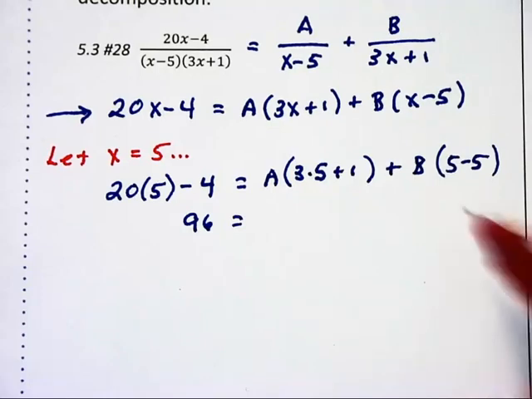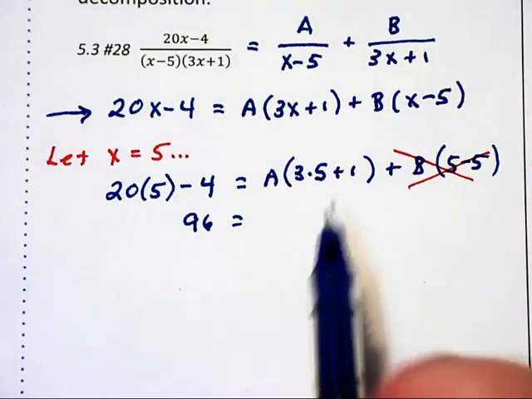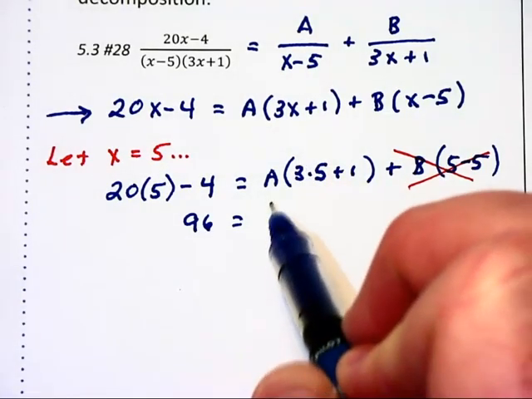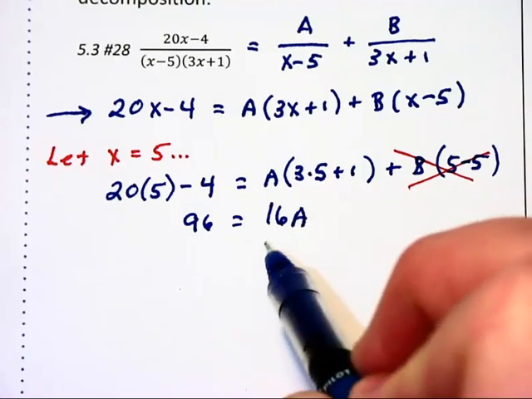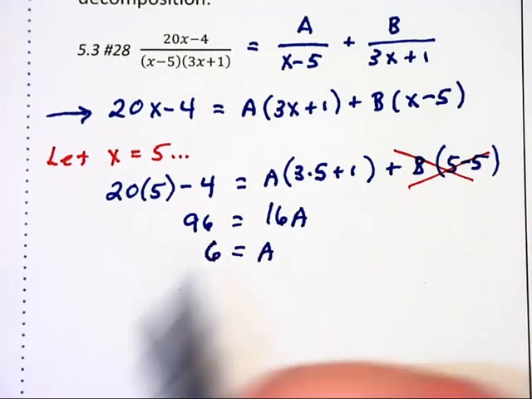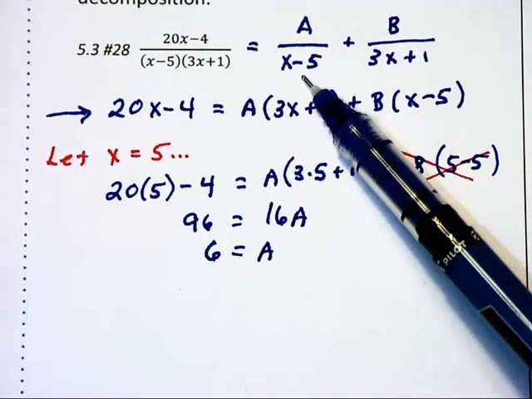So that part's just going to cross out, and normally we won't even write that. On the right hand side we've got 3 times 5, that's 15, plus 1, that's 16A. And that tells us when we divide by 16 that A is going to equal 6. So we've found A up above, 6 over x minus 5.